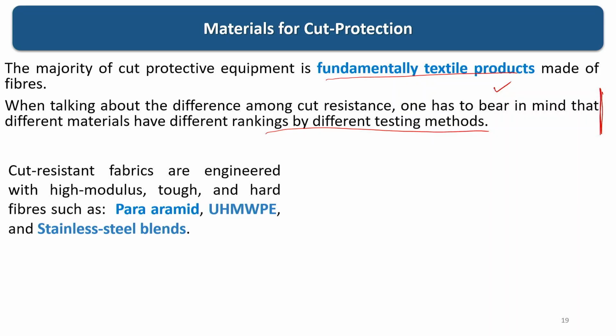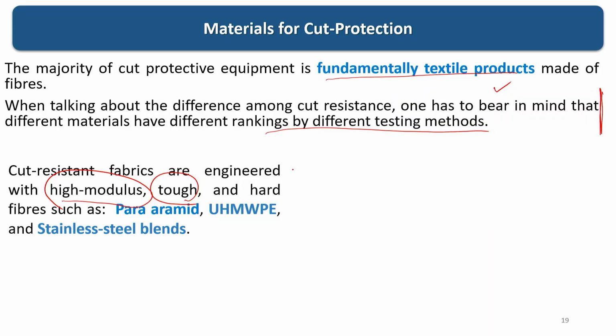Cut resistant fabrics are engineered with high modulus fiber, tough fiber. It should absorb more energy. So, one is high modulus, it should absorb more energy, and hard fibers.